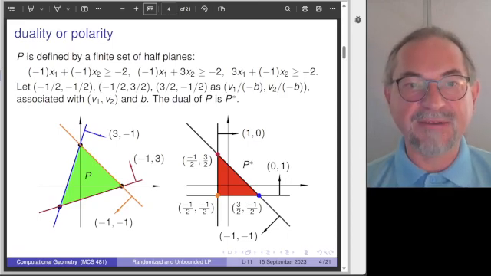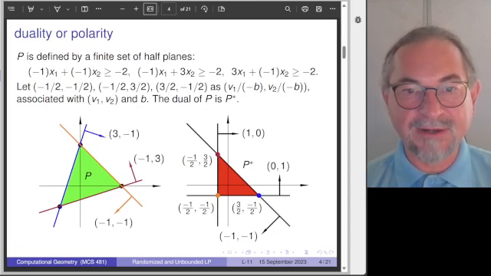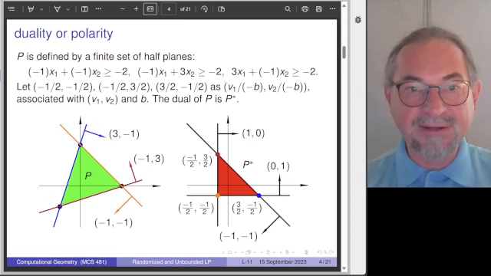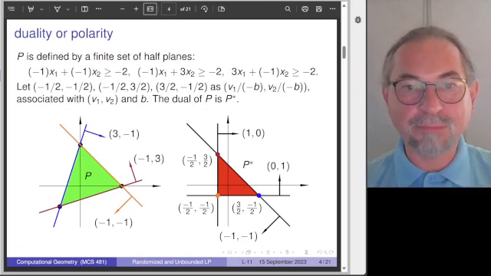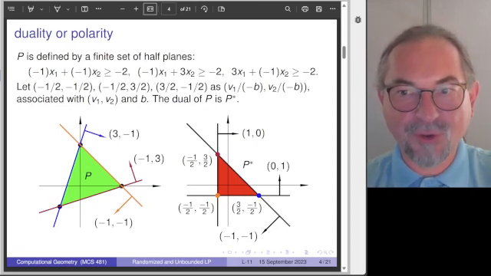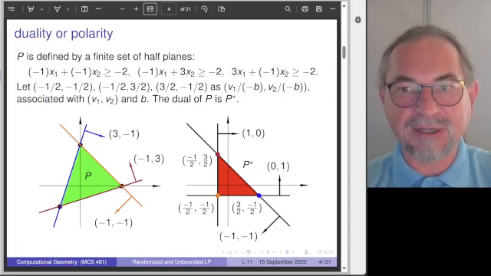So here we have the 3 half planes, and with every half plane, we can associate one point. What we do is we take the coordinates of the normal vectors and normalize them by dividing by the offset, here the minus of the offset.